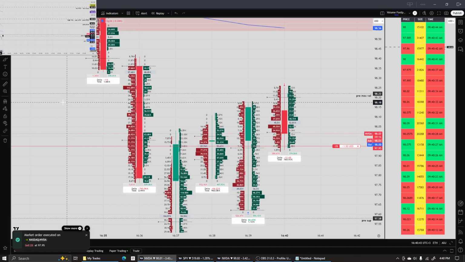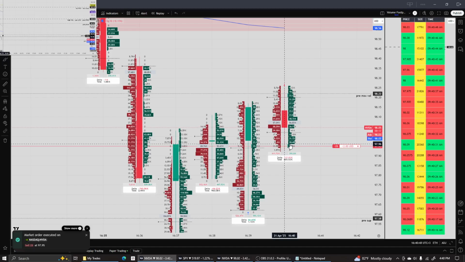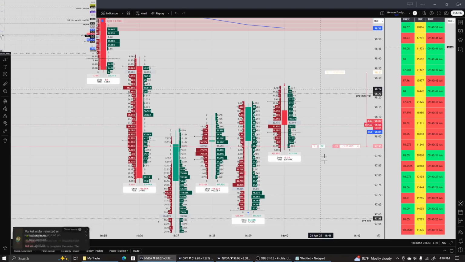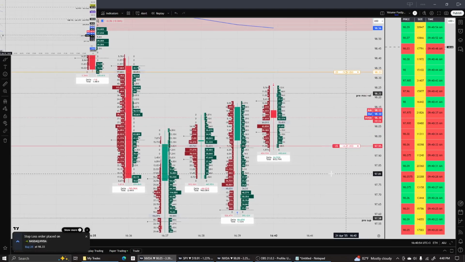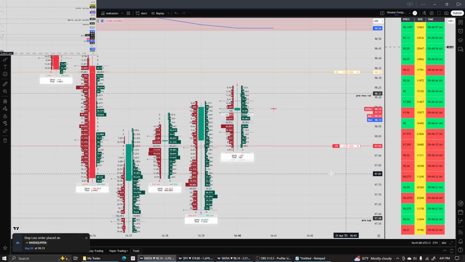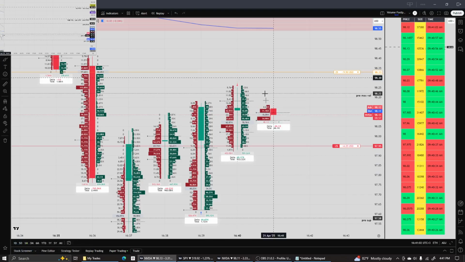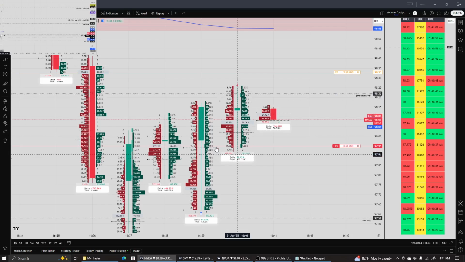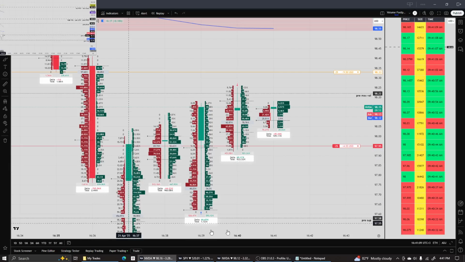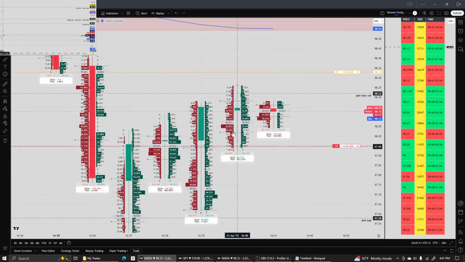I missed. Ah, fuck. The reason why I sold here was because I saw aggressive buying. Delta is green, but on a place where there was supposed to be support, and the candle was supposed to be much longer than this.